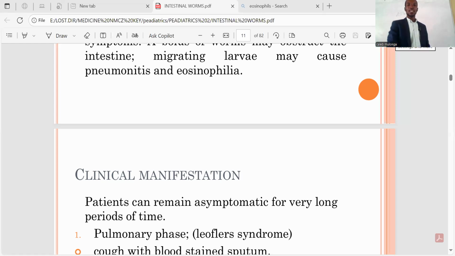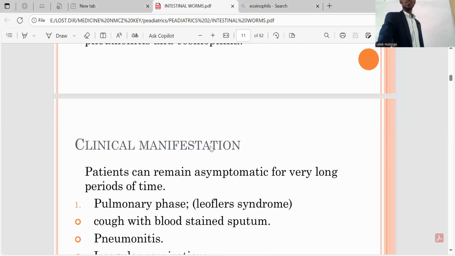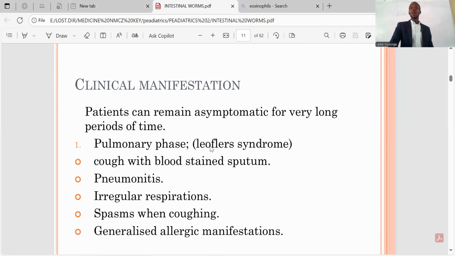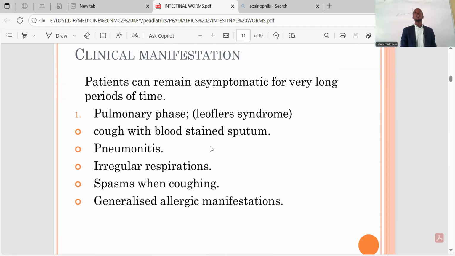Clinical manifestations. Remember, the signs and symptoms can be classified into two: those that affect the respiratory system, which is the pulmonary phase, and those that affect the digestive system, the gastrointestinal tract.